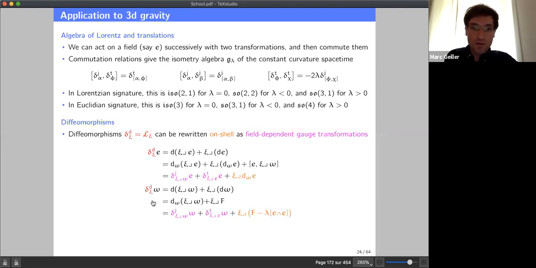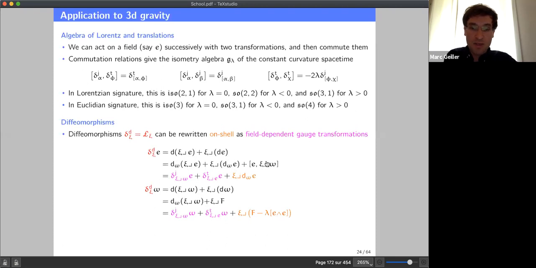So this is the proof of this statement in the case of a diffeomorphism acting on the triad and acting on the connection. So if you look at the first proof acting on the triad, the first equality is just the Cartan formula. And then in the second equality, you see that I replace the ordinary exterior derivative by a covariant derivative. This is at the expense of introducing the last term, which is this commutator.